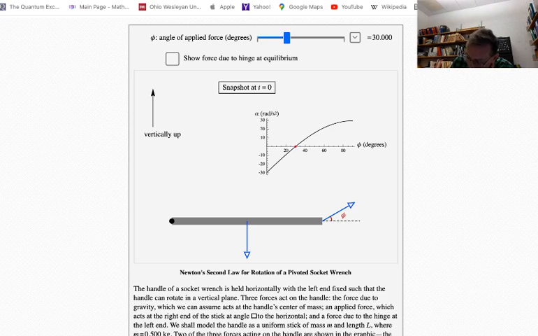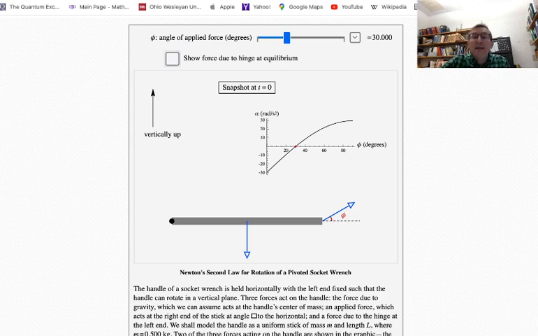When phi equals 0 degrees, according to the plot, you've got to be able to read the graph, alpha equals negative 30 radians per second squared.